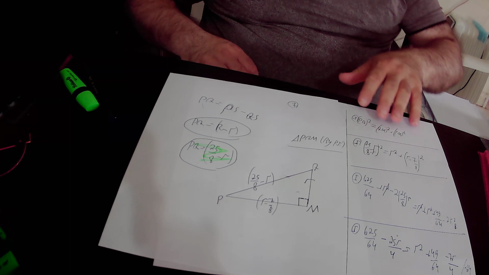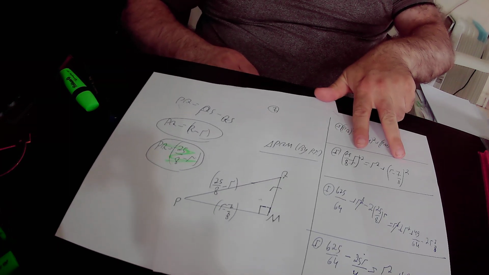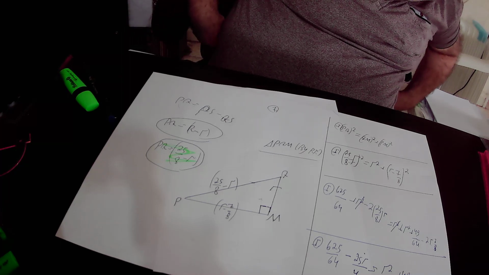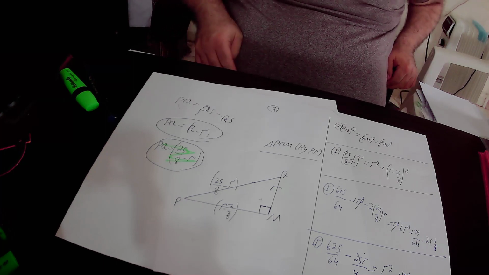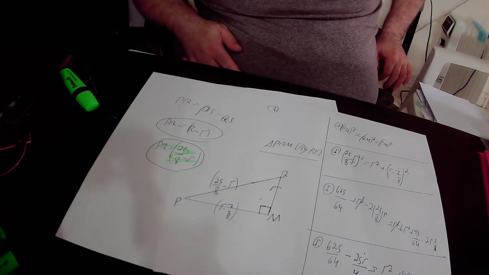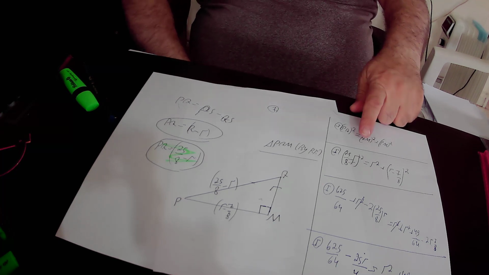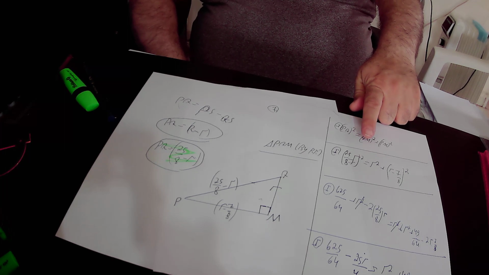Then we open the brackets on both sides of this equation number 1, and find that (25 over 8) squared equals 25 squared, that is 625, over 8 squared, that is 64, plus r squared minus 2 times 25 over 8 times small r.